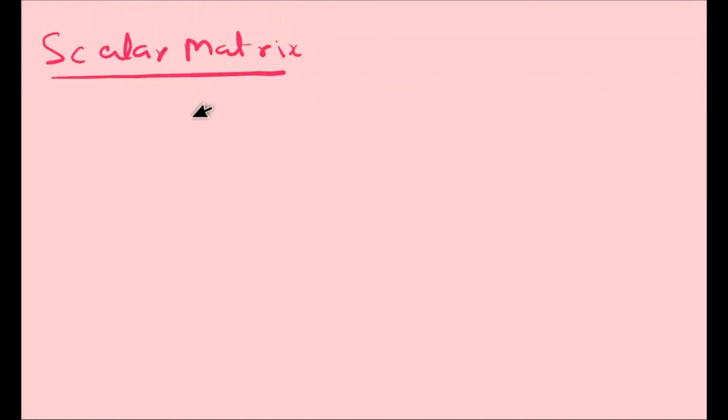Now what is the scalar matrix? It is a square matrix and a diagonal matrix also, but all the members of the diagonal will be equal, then it is a scalar matrix. So we can write the definition this way: a diagonal matrix is always a square matrix.